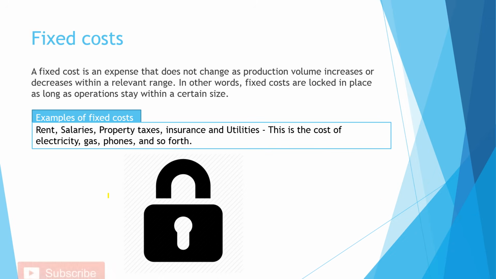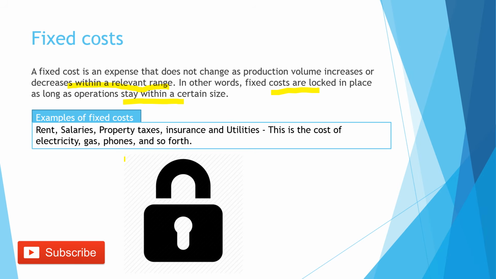So let's understand what fixed cost is. A fixed cost is an expense that does not change as production volume increases or decreases within a relevant range. In other words, fixed costs are locked in place as long as operations stay within a certain size.